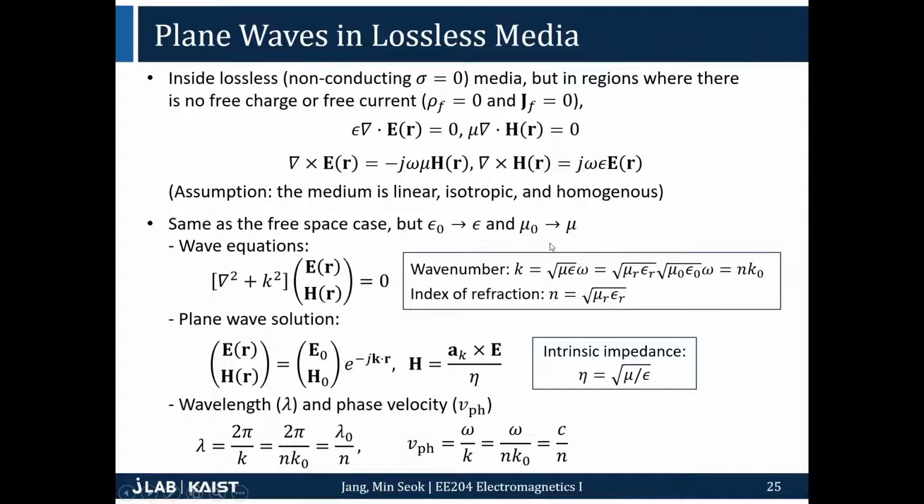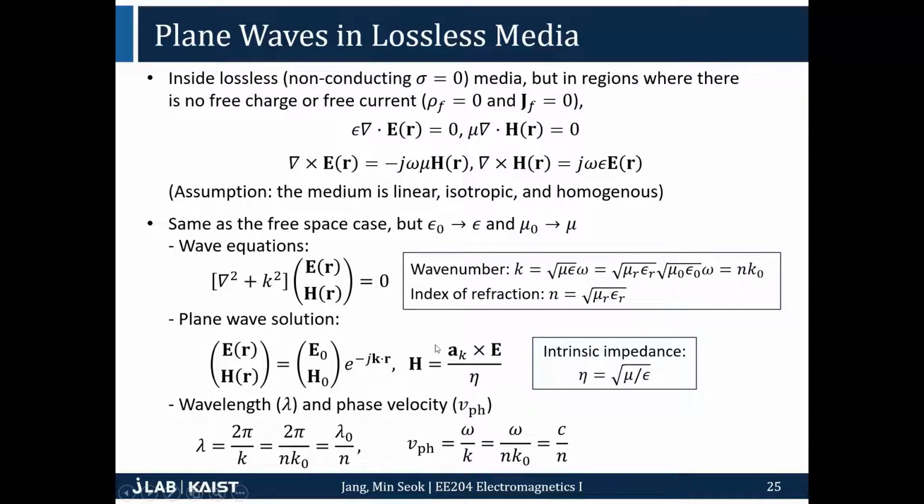So in the material, wavelengths of light, wavelengths of electromagnetic waves, get shortened at the same frequency. That's one important implication. The plane wave solution is also exactly the same, because the wave equation itself is exactly the same. The only difference is the value of the k vector, right?